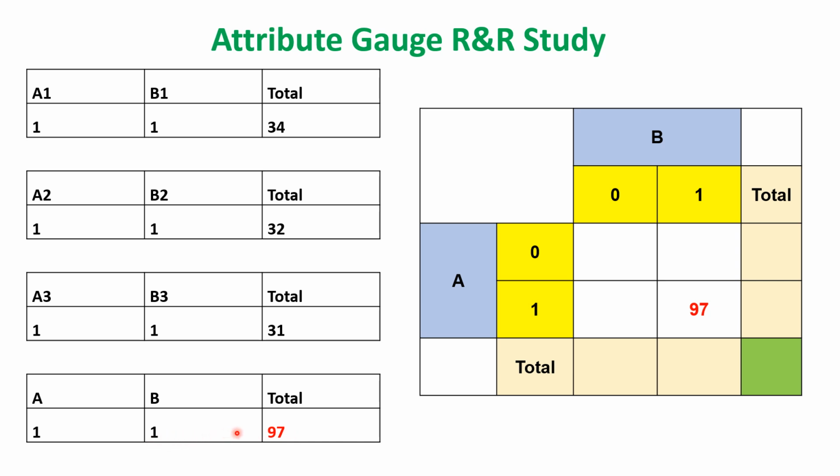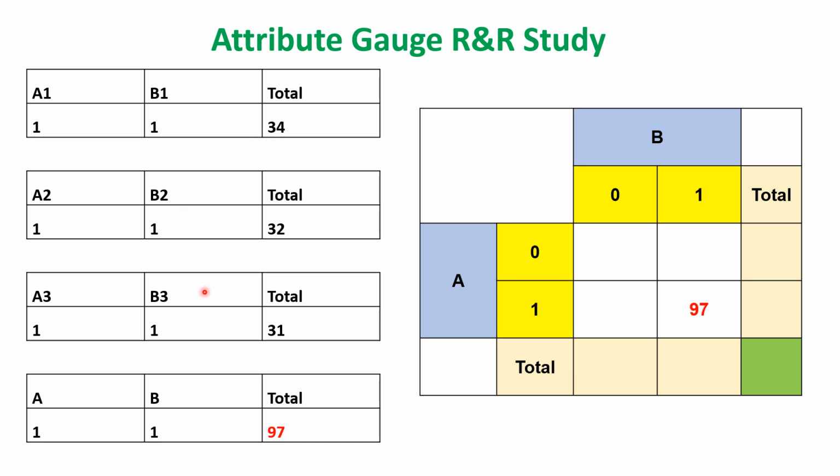Now this is a cross tabulation in which A is in the column and B is in the row. So A0 is not okay, A1 is okay, B0 not okay, B1 okay. Now A is saying okay, B is saying okay. How many? That is 97. Are you getting me?